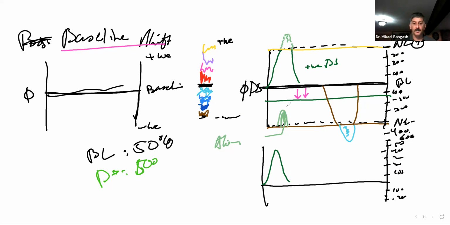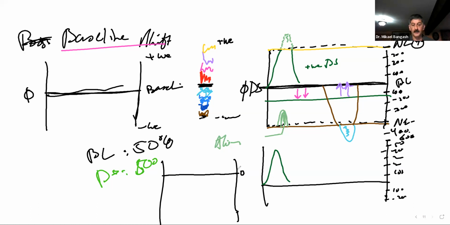In this case, we're just going to move the baseline up. And when we do that, this is still our spectrum, but we move the baseline up.